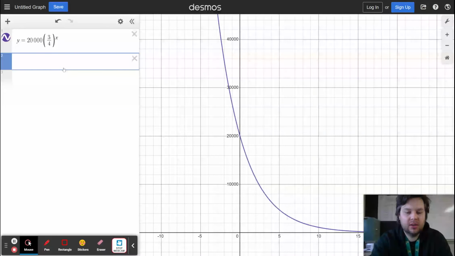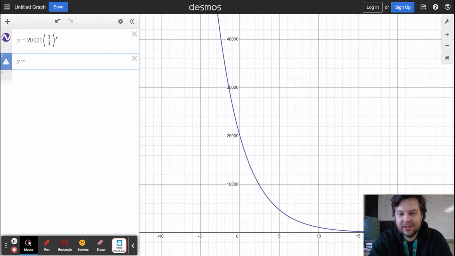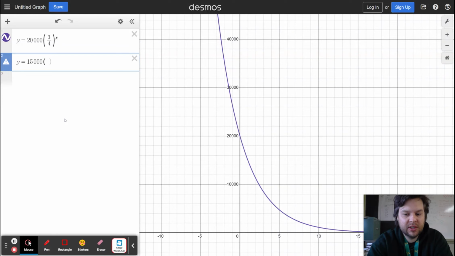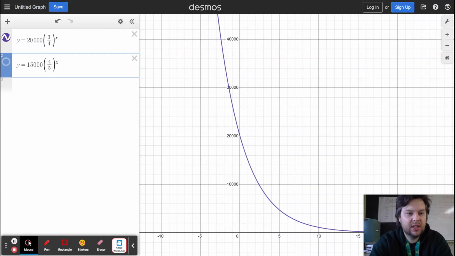And let's say that you bought a second car and it has this equation. I'm going to hide the graph for a second. Let's say it's 15,000 times 4/5 raised to the x. What do those two things tell me?